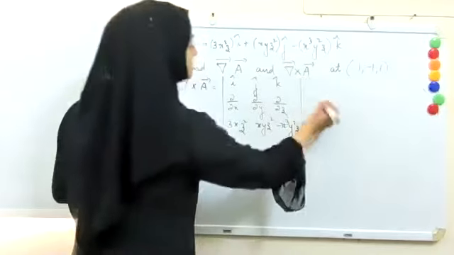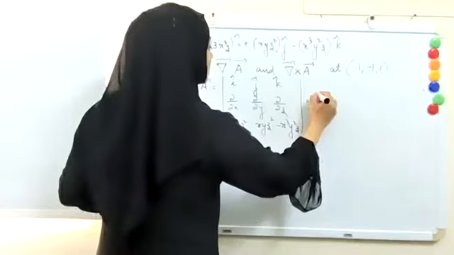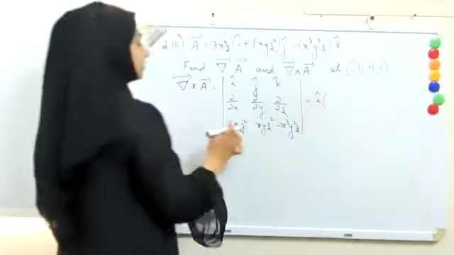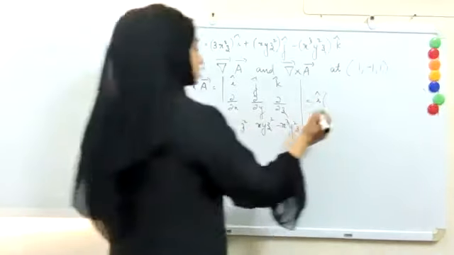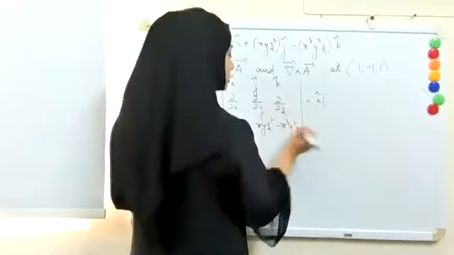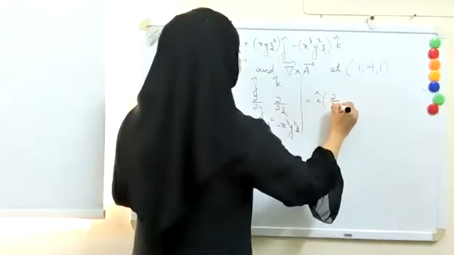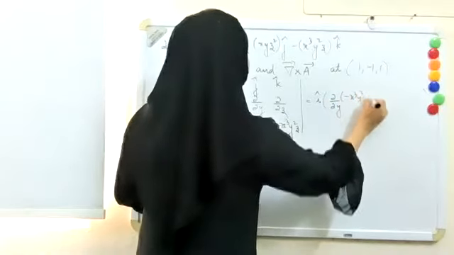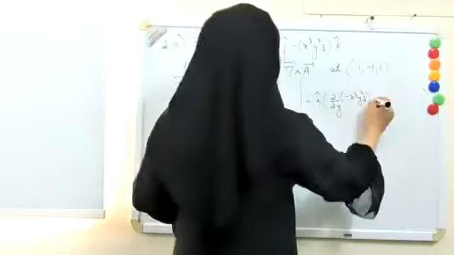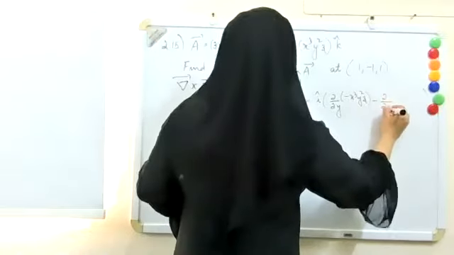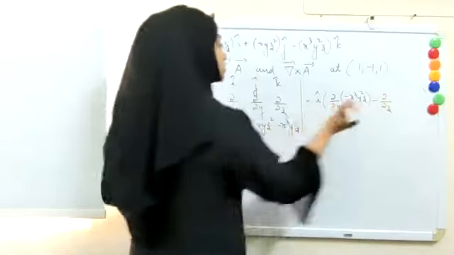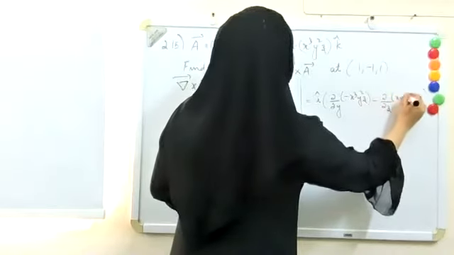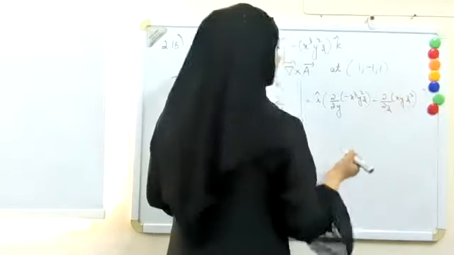When I take the determinant, it will be i cap times dou by dou y of minus x cube y square z, minus dou by dou z of xyz square.